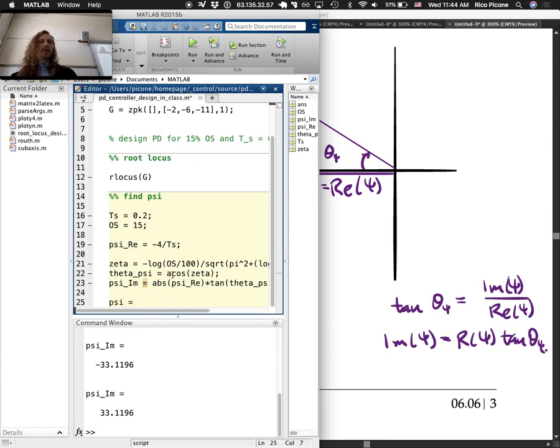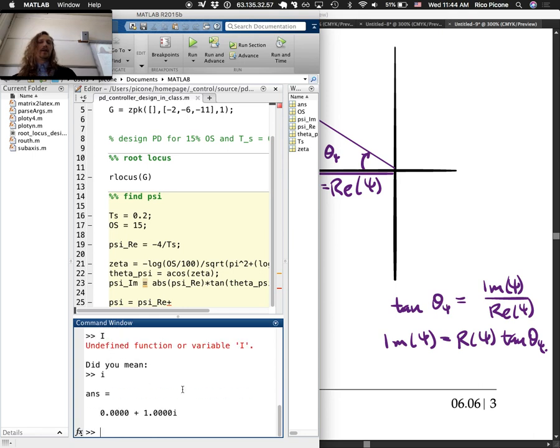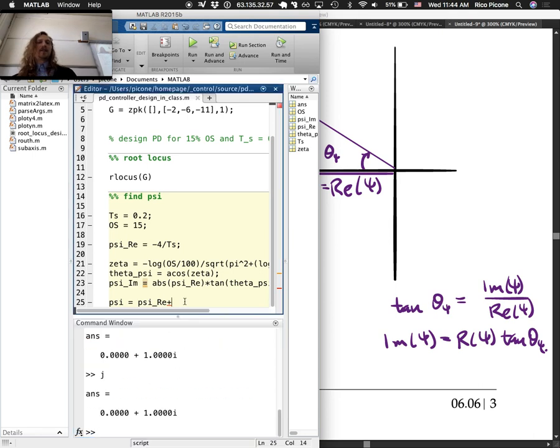Psi equals psi real plus, and in MATLAB it's i, or j. I haven't used either yet. I always overwrite those with indices, unfortunately. j times psi imaginary. So there's our psi. Whew!